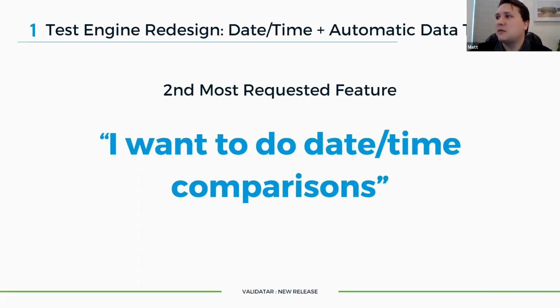And as part of this, with the addition of date time, we have added the concept of automatic data type recognition so that tests can run and you don't have to have known, was that a string or was that numeric? Validator will pick up on what we think the data type was based on the return data, and then do the comparison in that way.